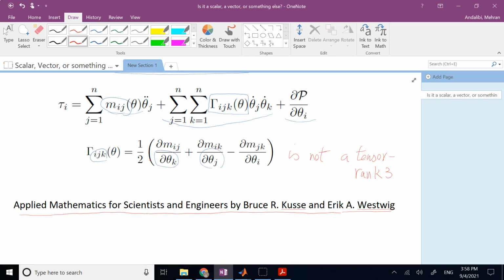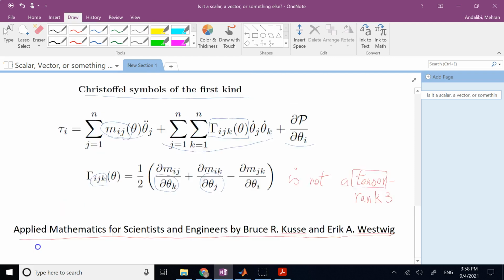But I don't want to make this lecture about tensors and their general properties. So just for your knowledge, this is one of the very few things that you see in engineering with 3 indices, and you see it in robotics, and it is not really a tensor of rank 3 because it does not have the properties that a tensor should have, although it has 3 indices.